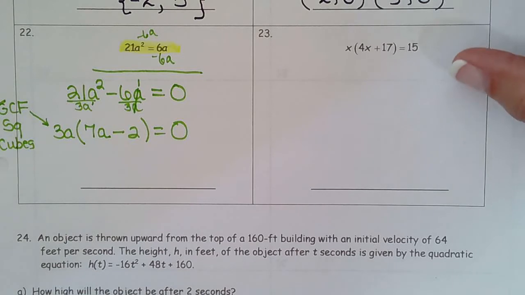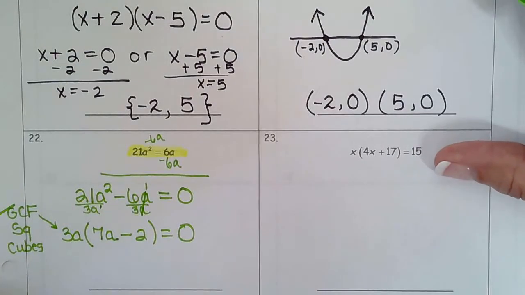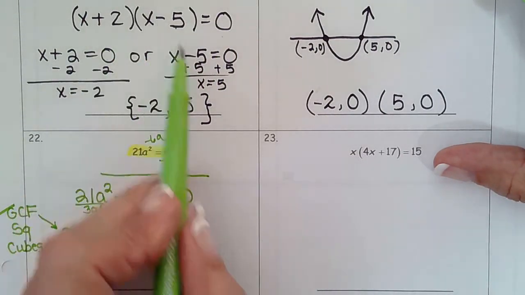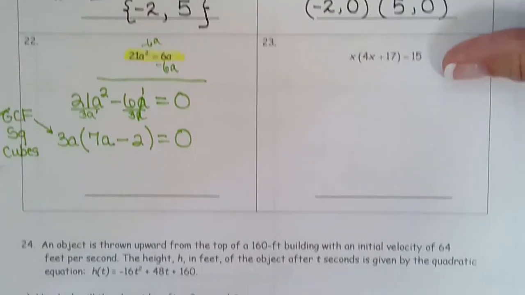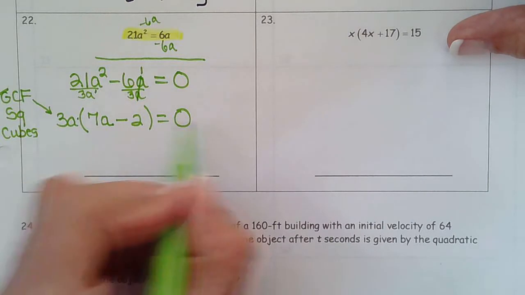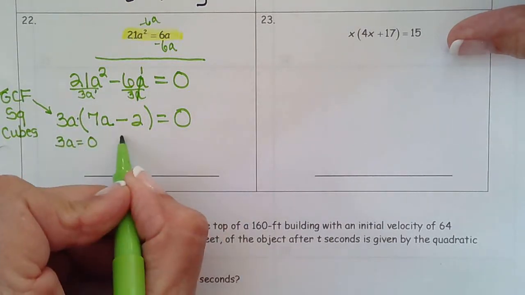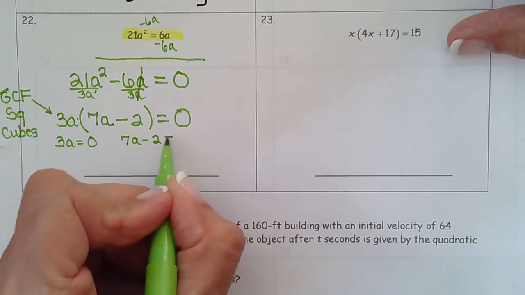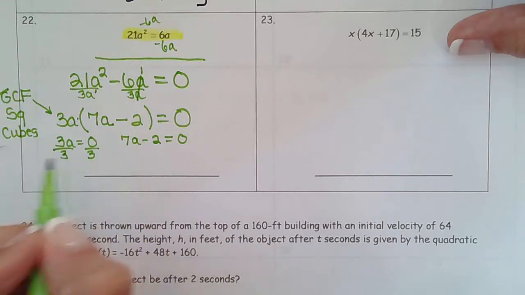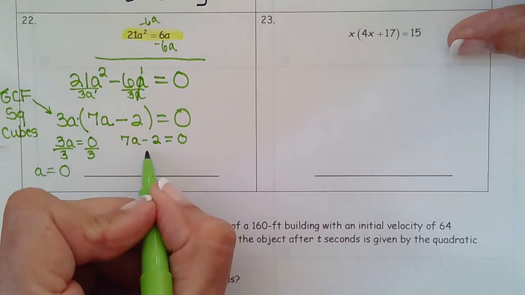So whenever we have a problem like this, remember the last step, just like up here. If a times b equals 0, either a is 0 or b is 0, and we solve the 2. So we do the same thing. If a times b equals 0, either the first factor must be 0 or the second factor must be 0. So solve, divide by 3, divide by 3. 0 divided by anything is 0.